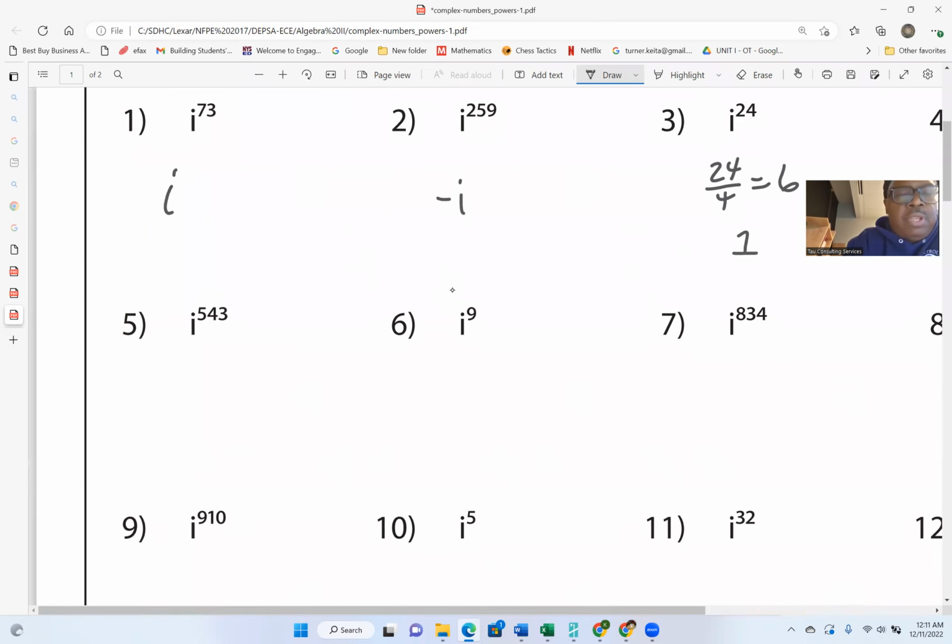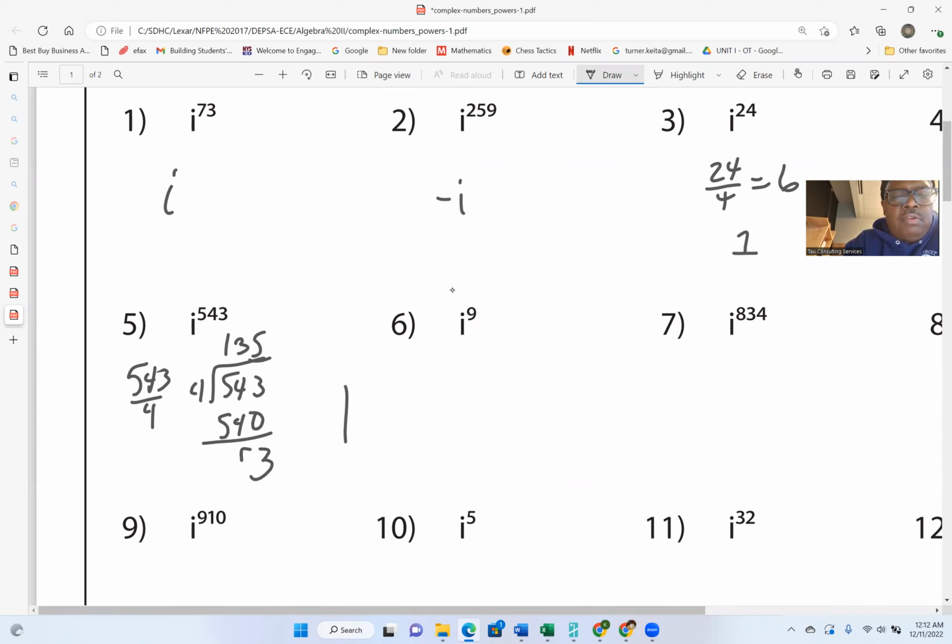All right, 543. 543 divided by 4. 4 into 543. I think it's going to be a remainder of 3. That's going to be 5 with a remainder of 3.